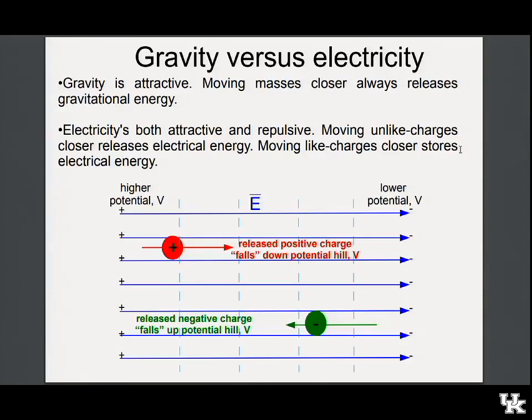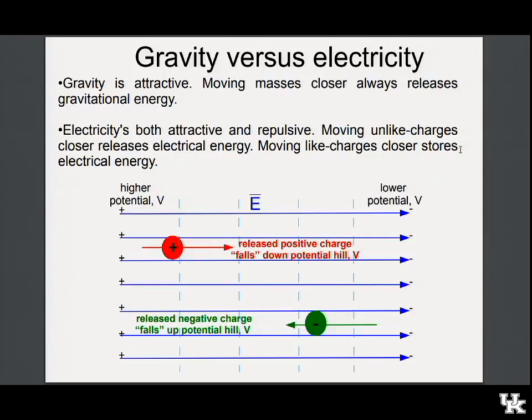It comes about because of a fundamental difference that nobody understands between gravity and electricity: gravity is always attractive. So masses always attract. Whereas in electricity, as we now know, there's both attraction and repulsion.